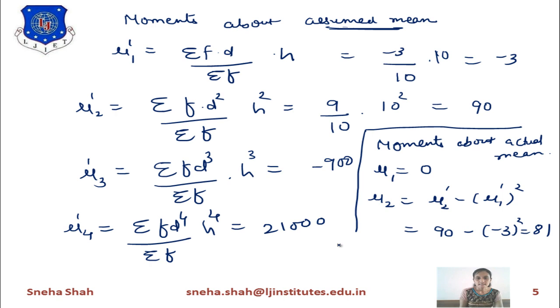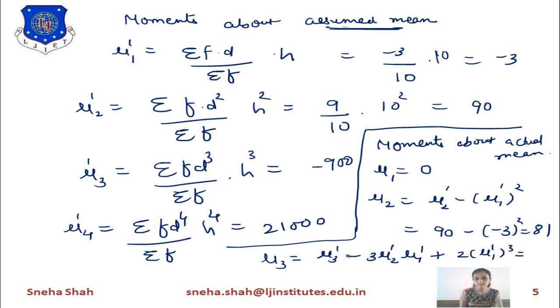So 90 minus 9 gives the answer 81. Similarly, we find the next term mu3, and the value of mu3 equals mu3 dash minus 3 mu2 dash mu1 dash plus 2 mu1 dash whole cube. Putting in all these terms, after simplification its answer equals minus 144.